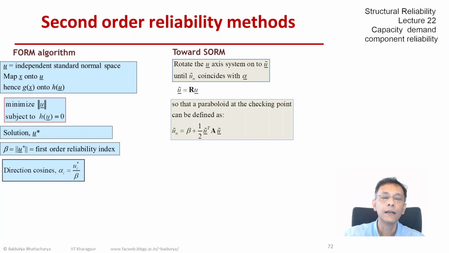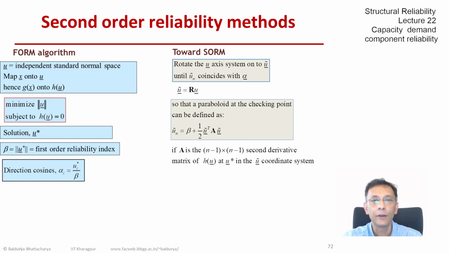So we need the matrix of second derivatives A. And so how do we get that? Let us do that.